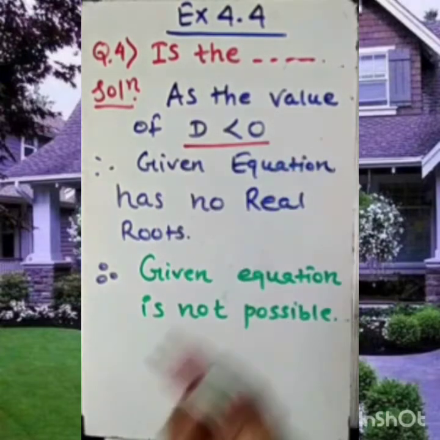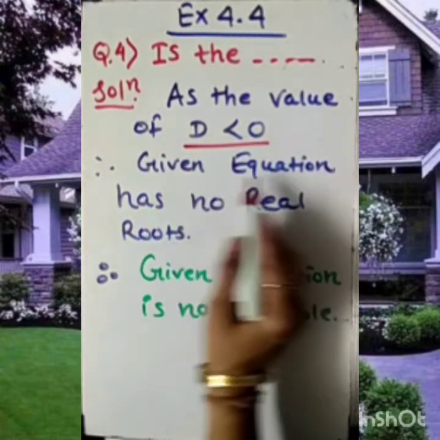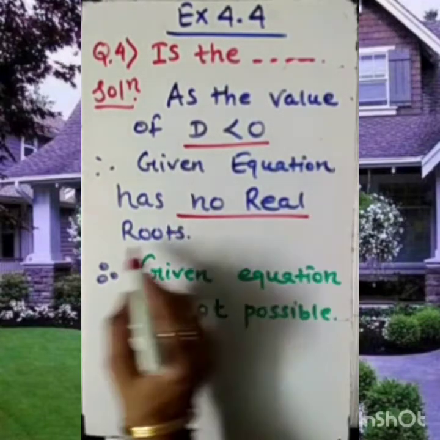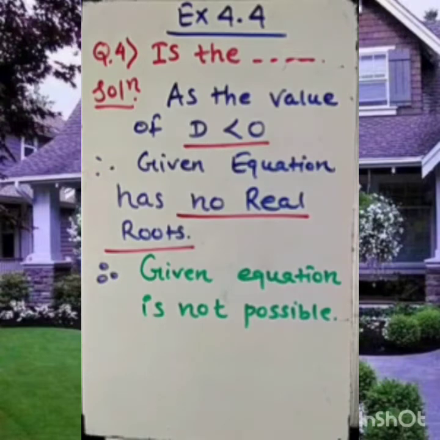So in such a case, we can say the equation has no real roots. That's why the given situation or condition through which we have formed that quadratic equation is not possible.